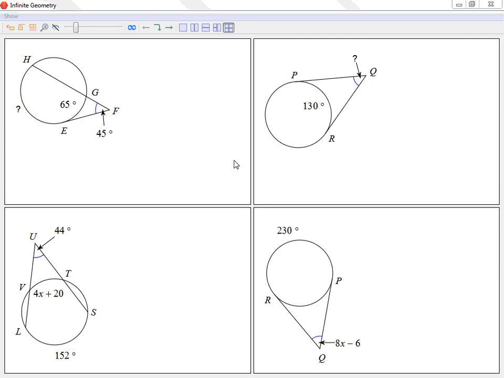All right, you guys have about 1 minute left. All right, about 30 seconds left.